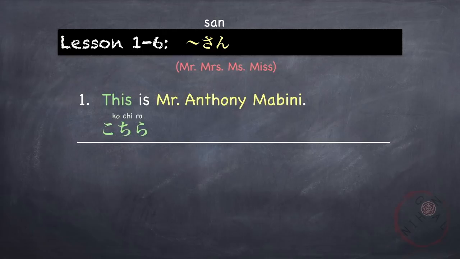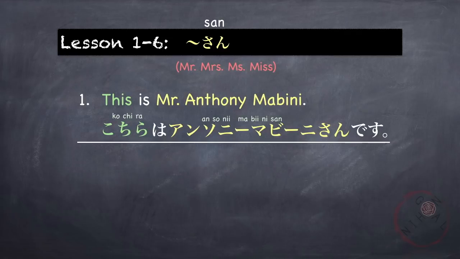こちらは Anthony Mabini さんです. Okay, so this is an example of when you are introducing someone to another person. こちら is the polite way of saying これ or this. こちらは Anthony Mabini さんです or この人は, this person is Mr. Anthony Mabini.